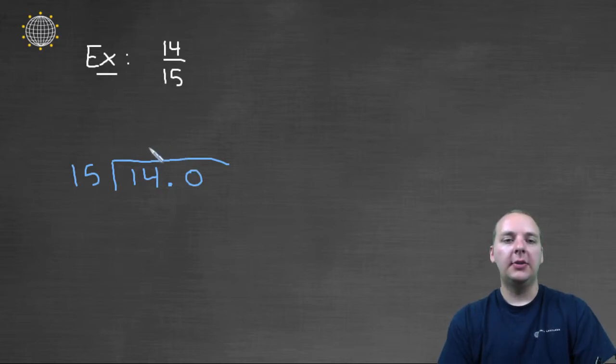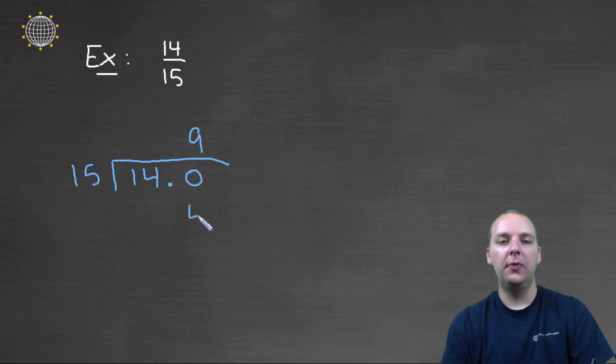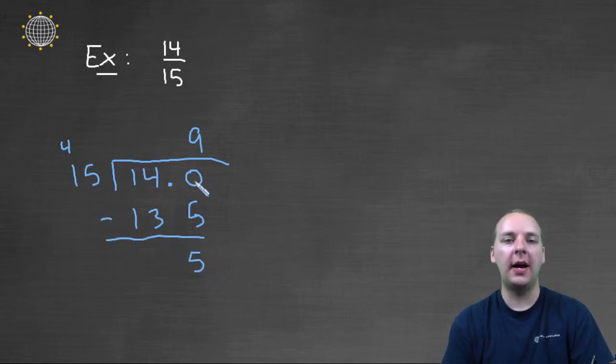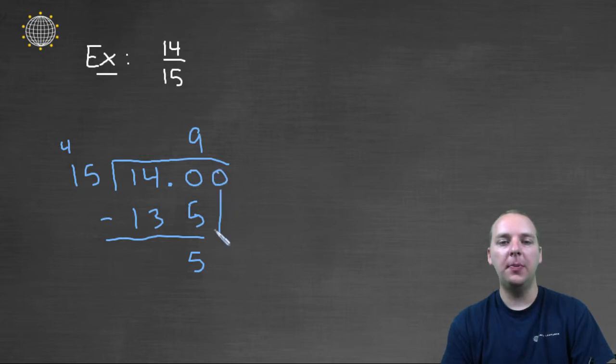All right, and then I'll ask, okay, 15 goes into 140 how many times without going over? Goes in a total of 9 times. So 9 times 15, we would get 45, and carry the 4, and 9 times 1 is 9, plus 4 makes 13. Subtract, we'll get a remainder of 5. We'll drop down a 0, and we'll repeat.